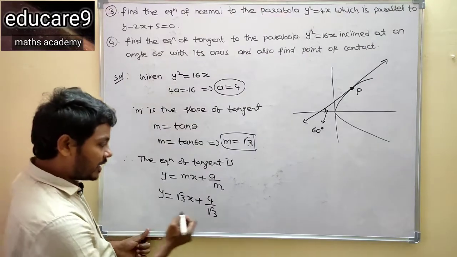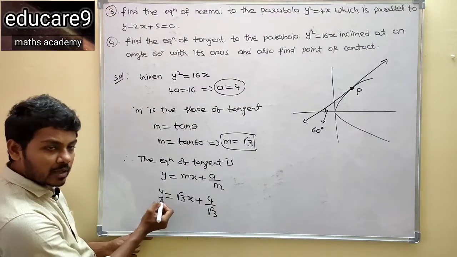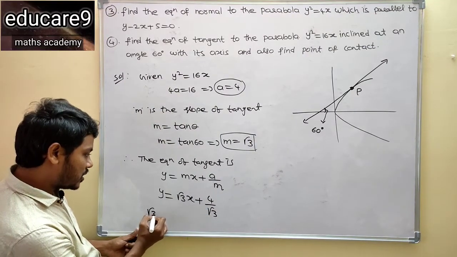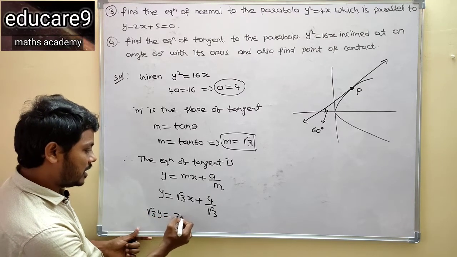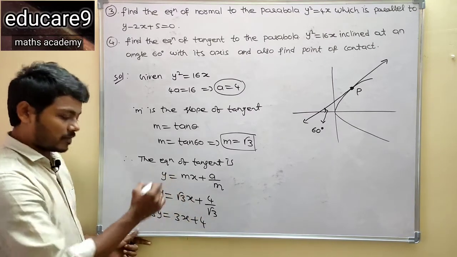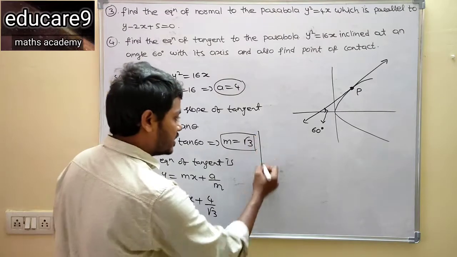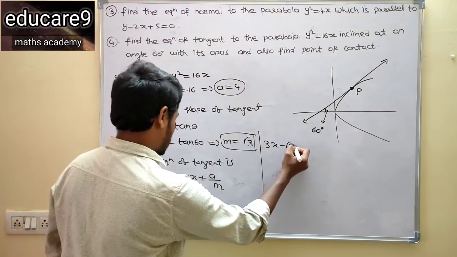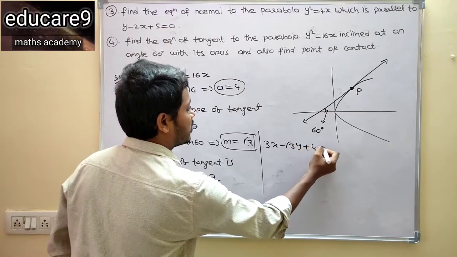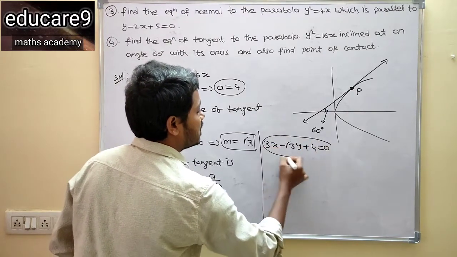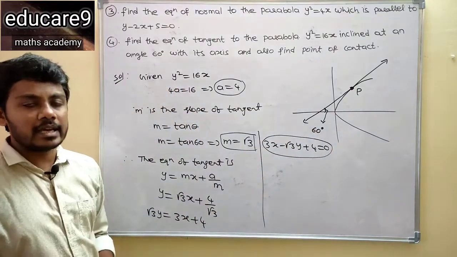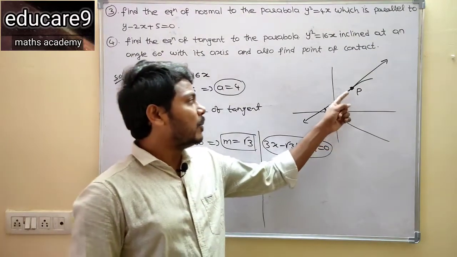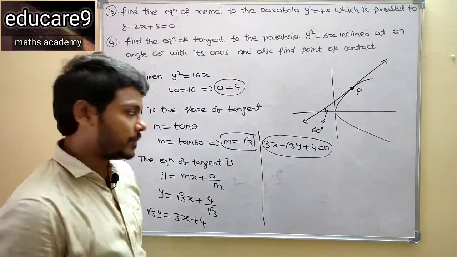Now again this can be written as, by cross multiplication, root 3 y is equal to 3x plus 4. Now again this is what? 3x minus root 3 y plus 4 equals 0. So this is the equation of the tangent.